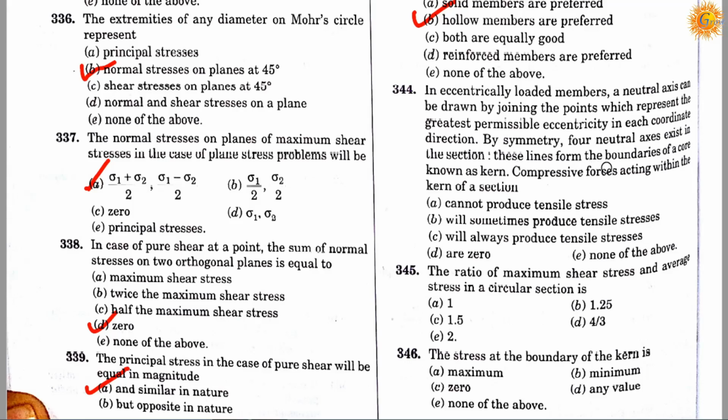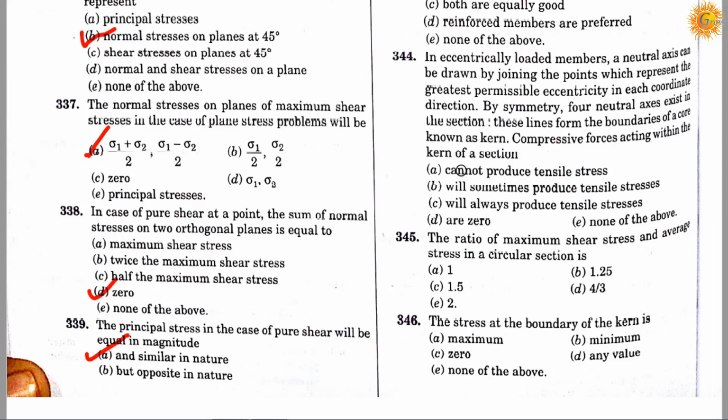These lines form the boundaries of a core known as kern, and compressive forces act within the kern of the section. Option A is cannot produce tensile stress. Option B will sometimes produce tensile stress, option C will always produce tensile stresses, option D is zero, and option E is none of the above. Correct answer is A. It will be cannot produce tensile stresses.